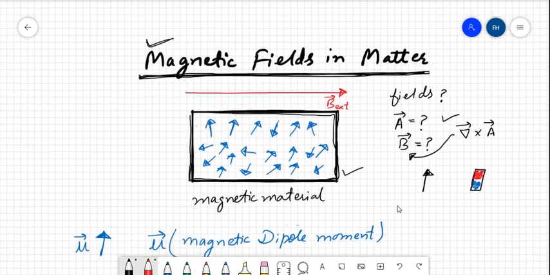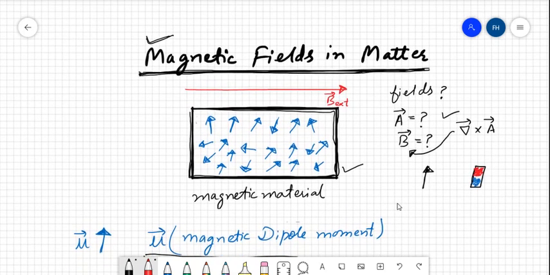We'll begin by assuming that the magnetic material is made up of millions and millions of magnetic dipole moments, and these magnetic dipole moments will be associated with the electrons' dipole moments.